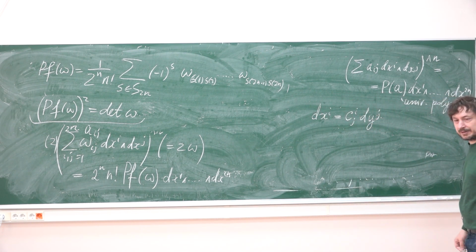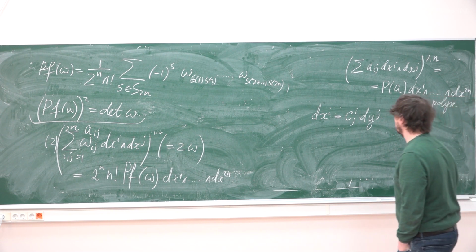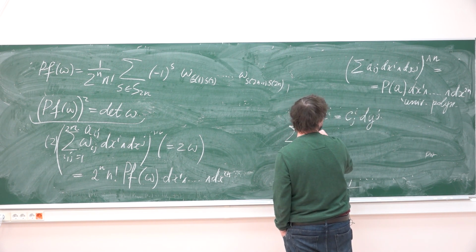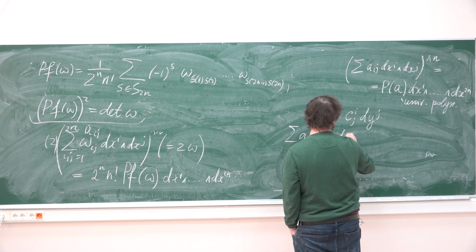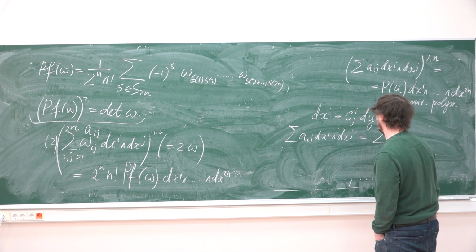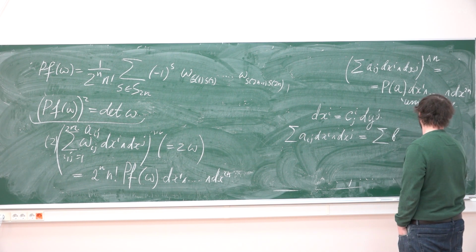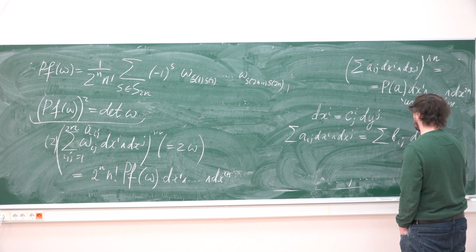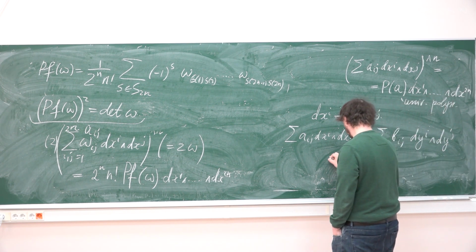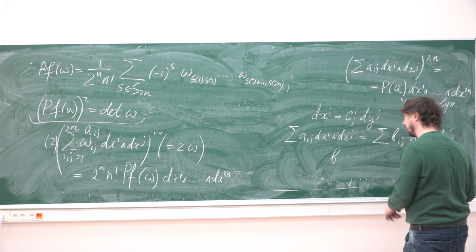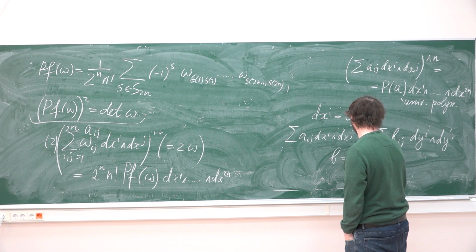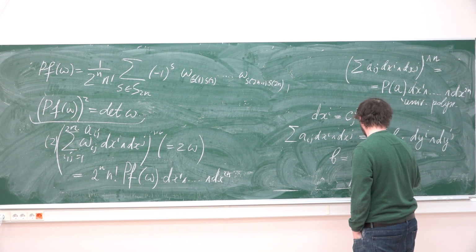If you make this change of coordinates, then this expression aij dxi dxj can be rewritten as the sum of bij dyi dyj, of course, where B is the matrix equal to C transposed times A times C, right?